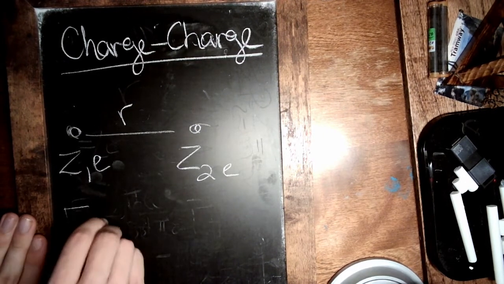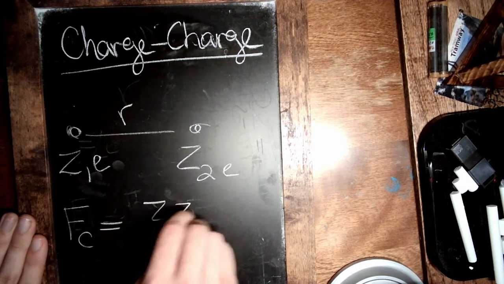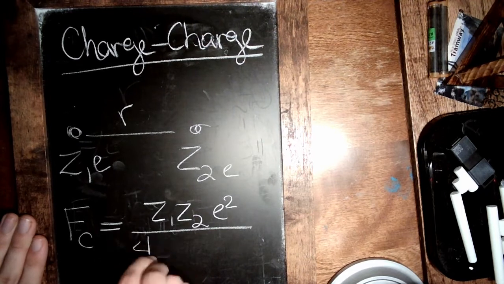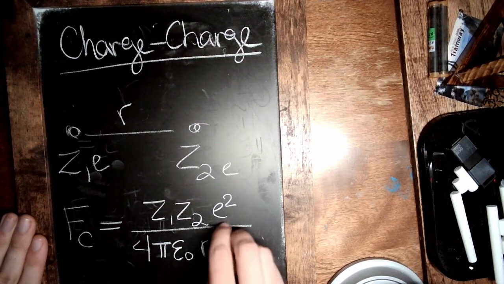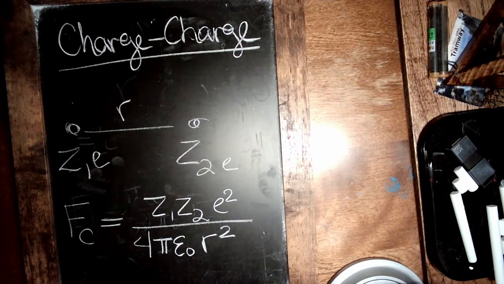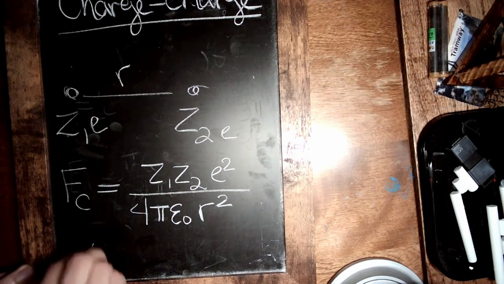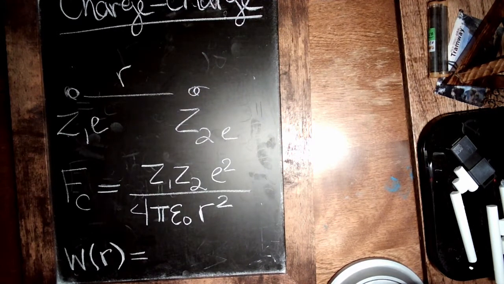F Coulomb would simply be Z1 Z2 E squared, which is just the charges multiplied, over 4 pi epsilon 0 r squared. And from this, we would also have the interaction energy, which is the same expression, but over r instead.